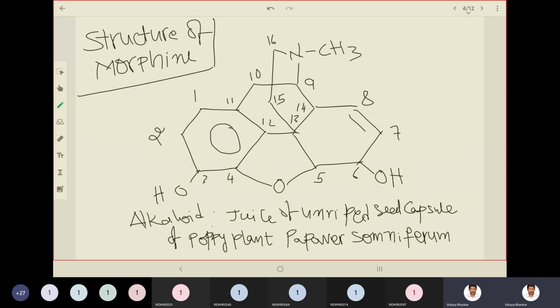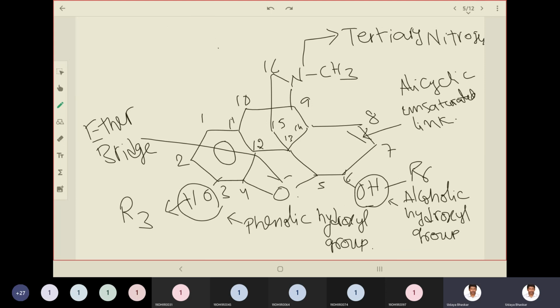The source of morphine and its alkaloids is the juice of the unripe seed capsule of the poppy plant, which has the scientific name Papaver somniferum. And these are the different structural parts. One is the tertiary nitrogen atom, the other one is the alicyclic unsaturated link, that is the double bond between the seventh and eighth position.